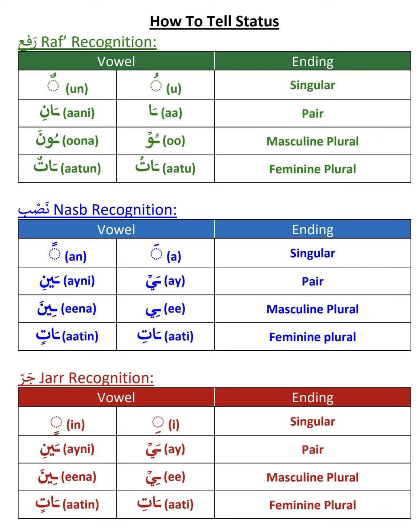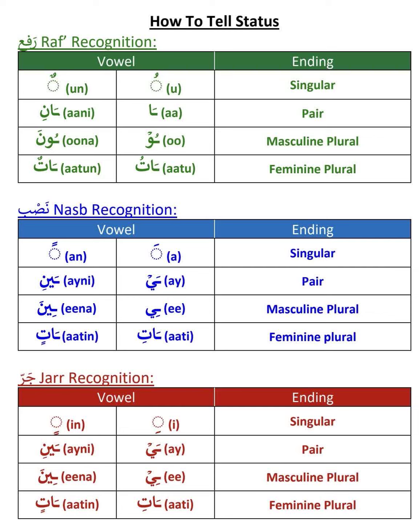If I put dhammatain: Muslimun. If you say Muslimu or Muslimun, that is simply rafa. This is applicable for anything: Muslimun, Kafirun, Muminun, Munafikun, Salihun, anything. If you say that un sound, that is rafa.